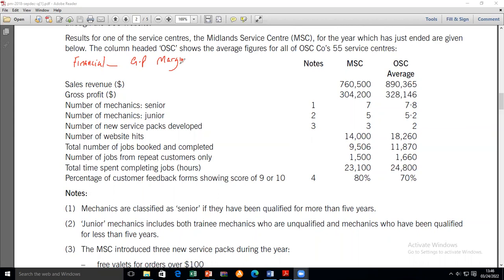For OSC, it's 36.8. For MSC, that's 40%. So here we have got 40%. That's the margin.